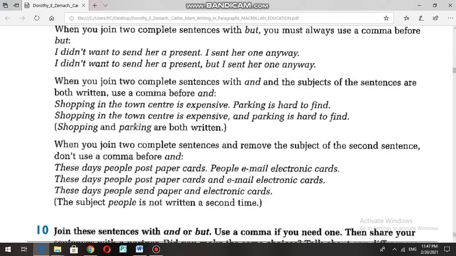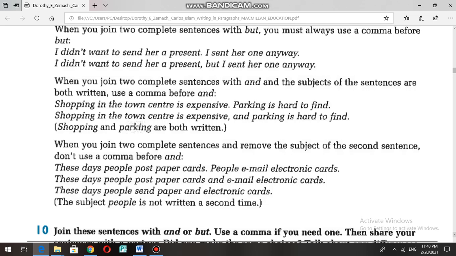So when we join the two sentences with and, we remove the subject of the second sentence, okay? Because it is probably the same subject. These days, people post paper cards and email electronic cards.